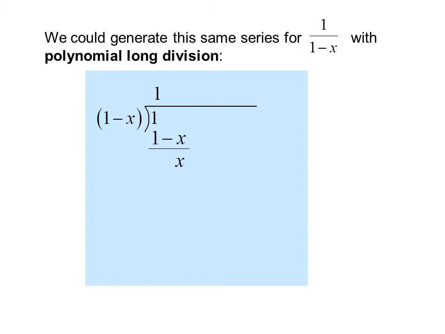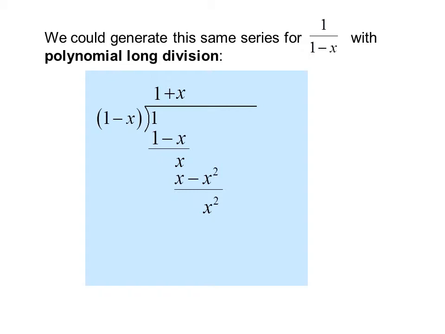Then we ask, what do we have to multiply 1 by to get x? And the answer is x. So we put x on the top, multiply times 1 minus x to get x minus x squared, subtract, and get x squared.